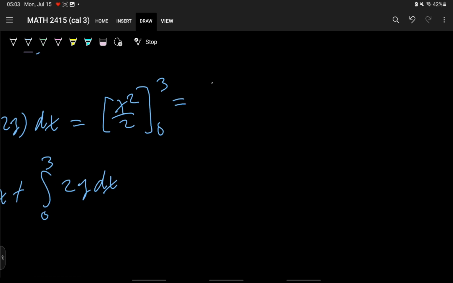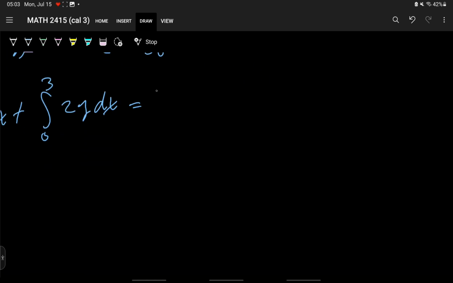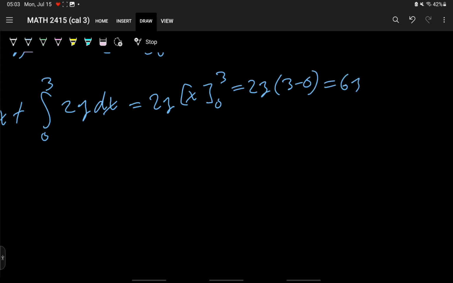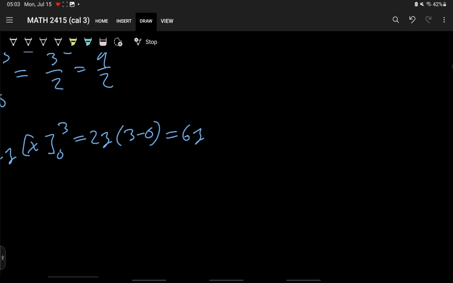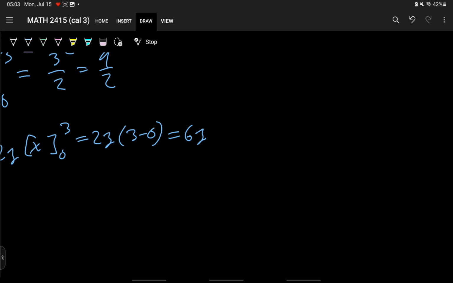So that's going to be 3 squared over 2 equals 9 over 2. And then the second integral, 2y from 0 to 3 is equal to 2y times 3 minus 0, which is equal to 6y.